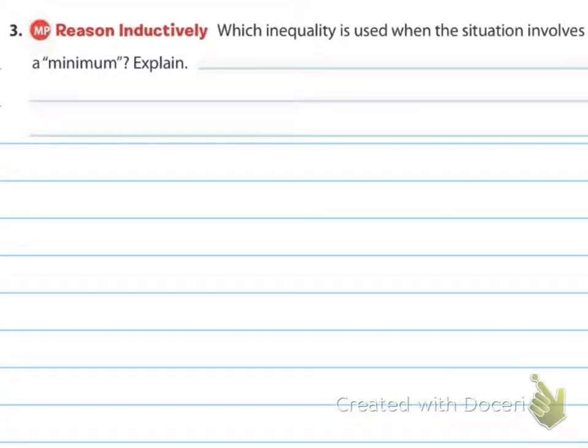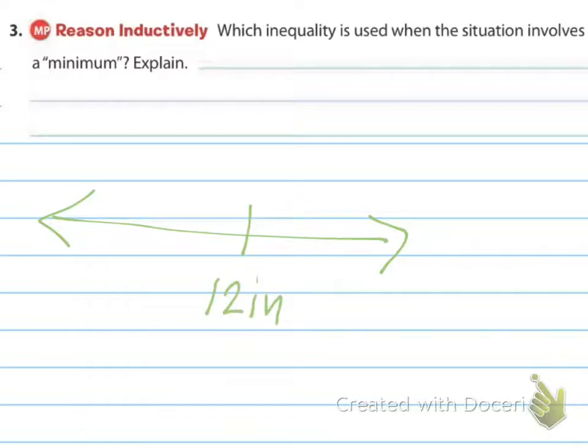Number 3, which inequality is used when the situation involves a minimum? So now we're trying to figure out, is it less than or greater than when there's a minimum? If you look back at the last couple of examples, let's say here's our number line, and we had to have a minimum of 12 inches for the fish.